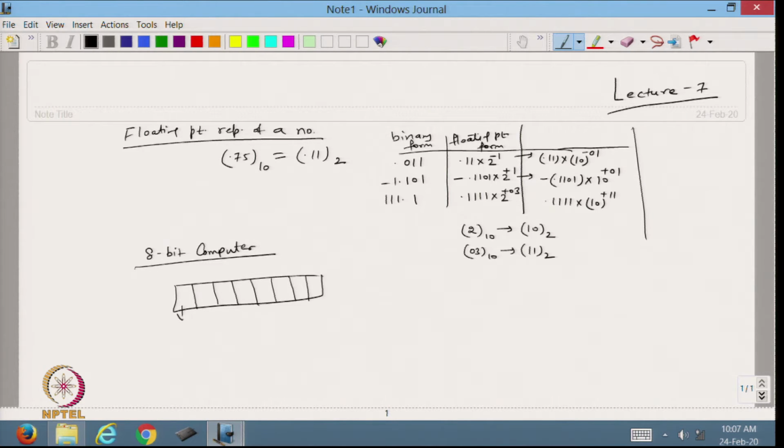The first bit is for the sign, then the next 4 bits I will take for the mantissa part, and the remaining bits are for the exponent part, including the sign of the exponent.